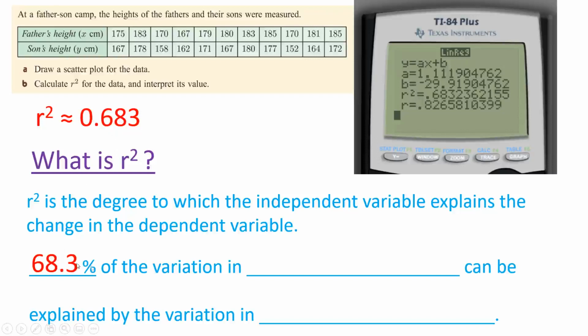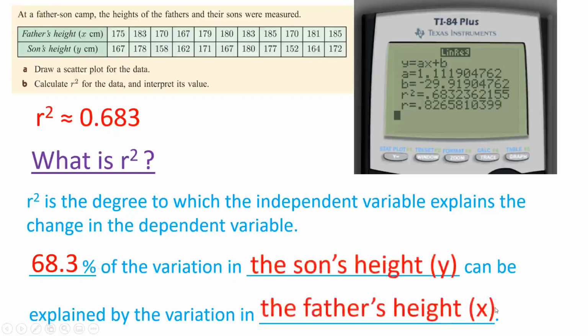So 68.3% of the variation in the son's height can be explained by the variation in the father's height. And it's always this way around. I've just put in brackets here y, which is the son's height. You don't need to write the y in brackets. That's just for your notes, so you know that the variation in the y value is caused by the variation in the x value. So it's always that way around. The dependent variable and the independent variable in that order, okay?